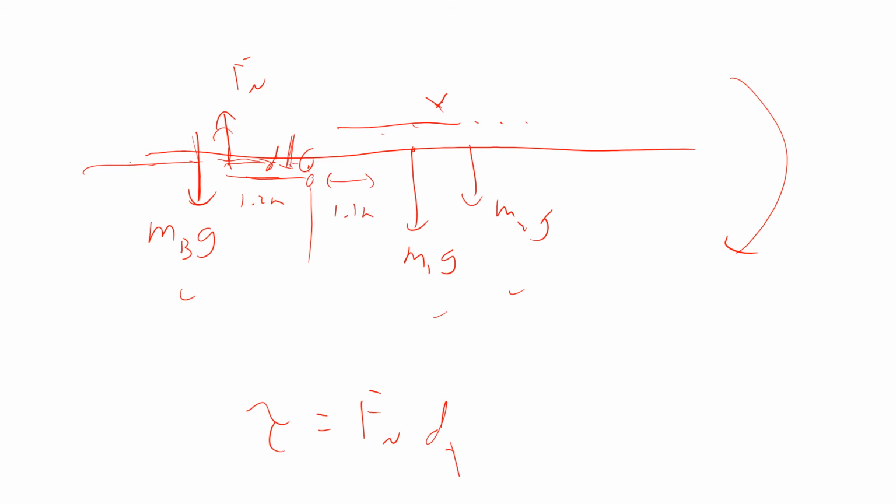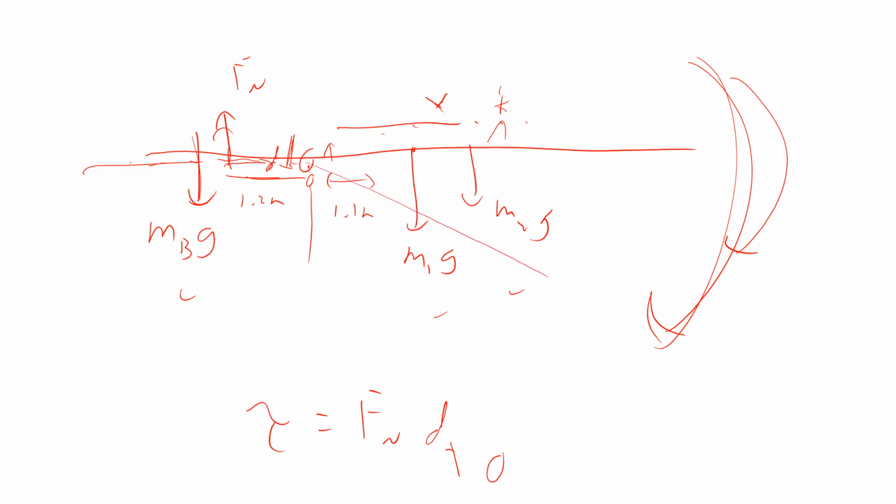So that goes to 0. When that happens, there's no more torque available from the normal. So if the person takes one more step further this way, the torque cannot be exerted any further, and it cannot compensate for the clockwise torque. At that point, the entire board rotates and starts coming down.